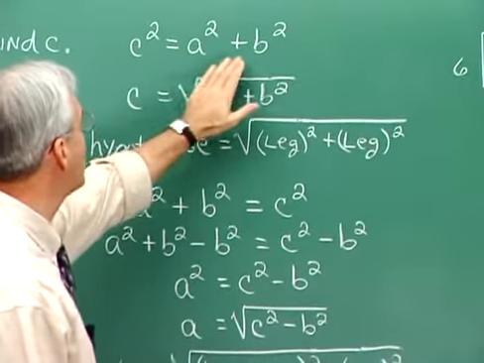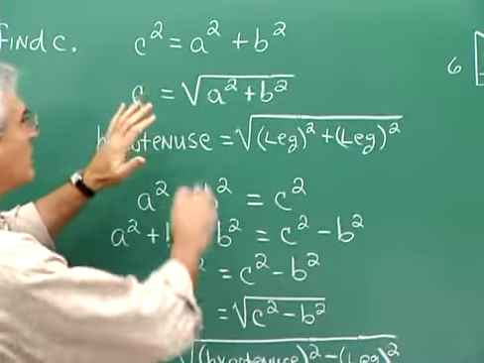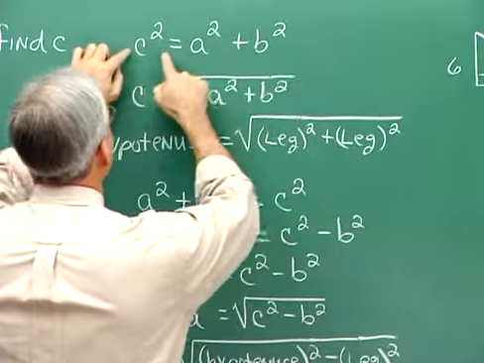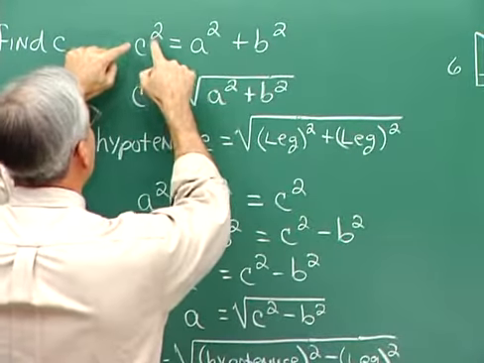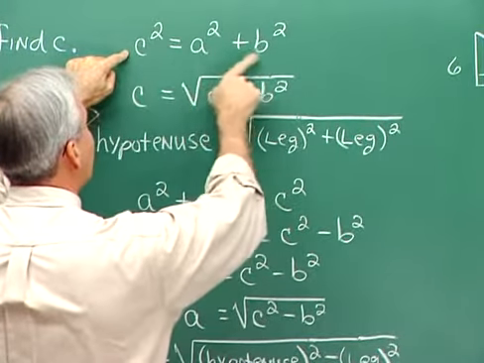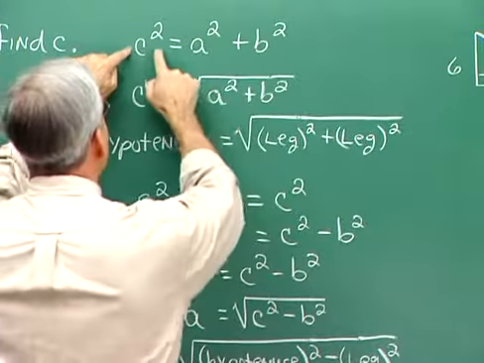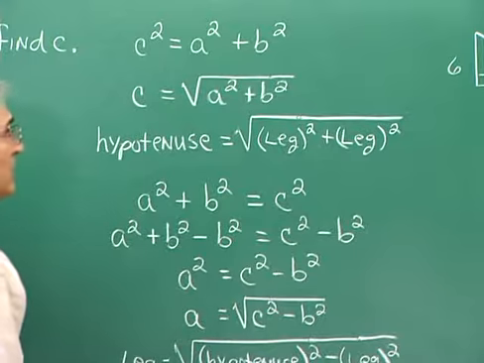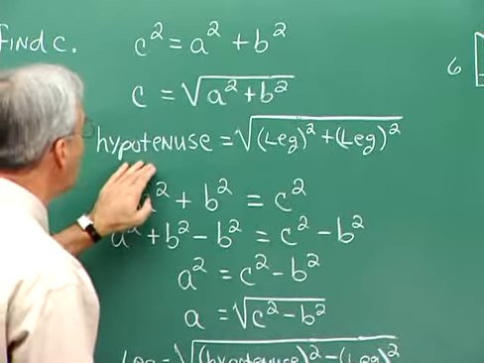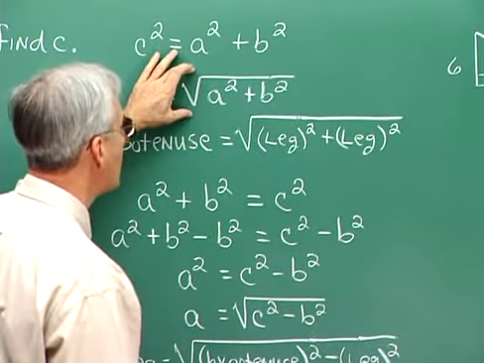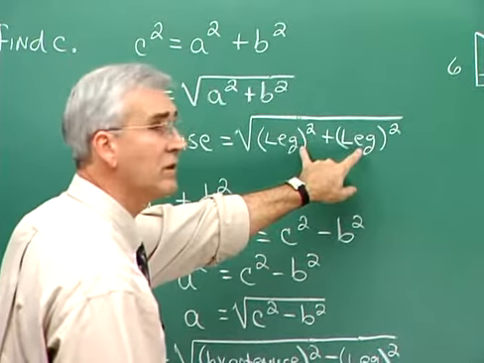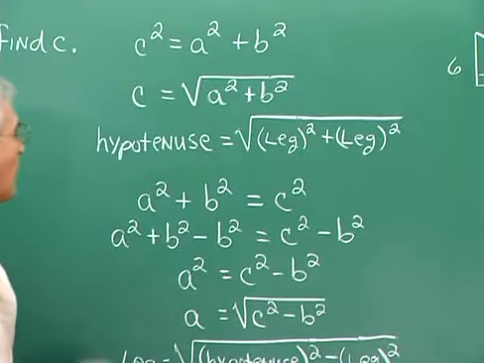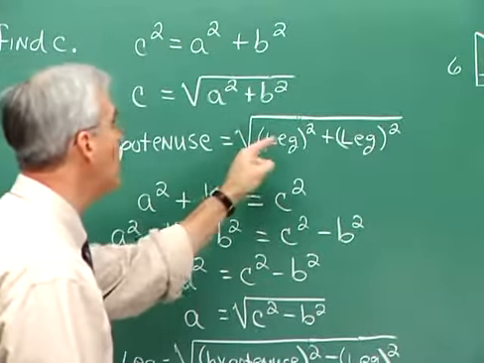But if c squared is a squared plus b squared, and we just generalize the idea of solving for c, we're pretending that we're looking for the value of c, and we're given the values of these rascals, then c must be the square root of all of this business. That's the idea. So the hypotenuse is equal to the square root of the sum of the squares of the legs. And we could think of this as a formula for finding the hypotenuse when we know the legs.